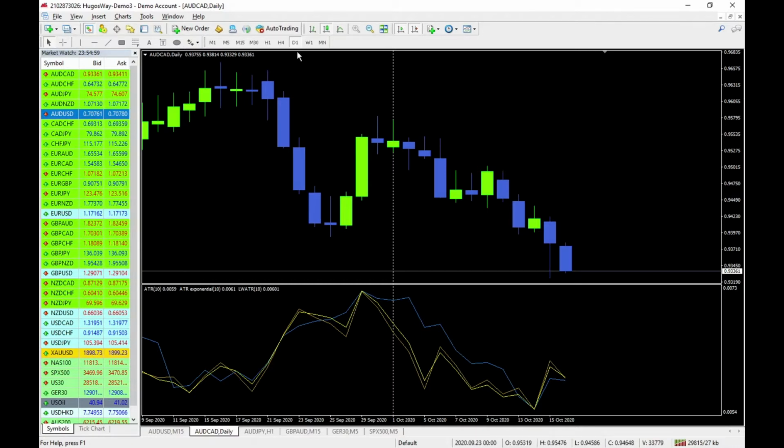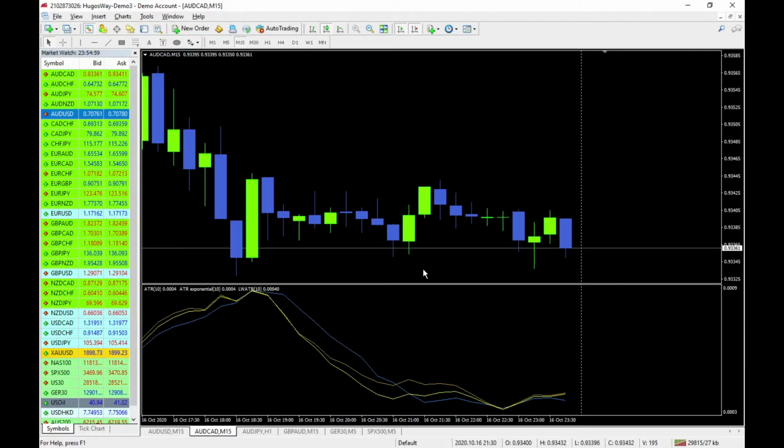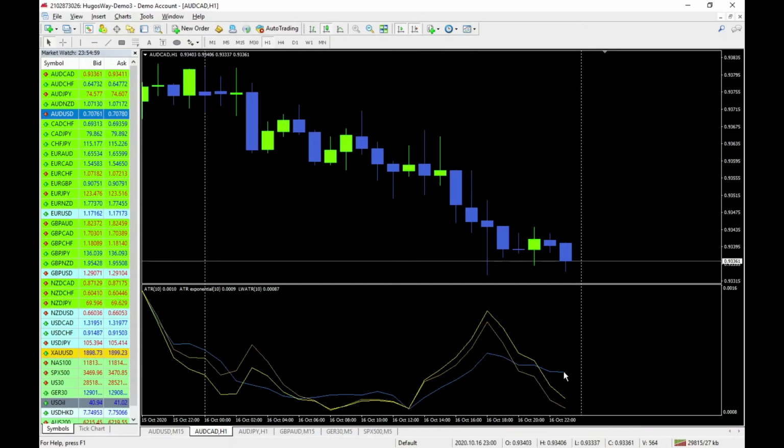We're in the daily. Let's move down to a smaller time frame. And now we see that our average range is about 4 pips. If we do hourly, our average daily range is around 10 pips. So this is how much the candle moves in one time period, whatever it is, on average. And this is over the last 10 is how this is being used right now.